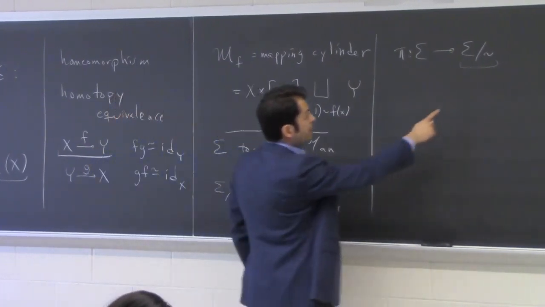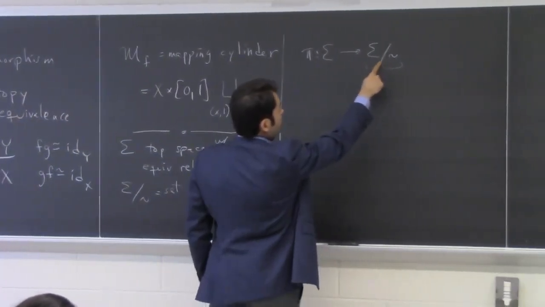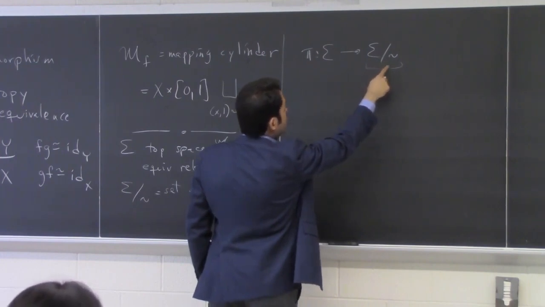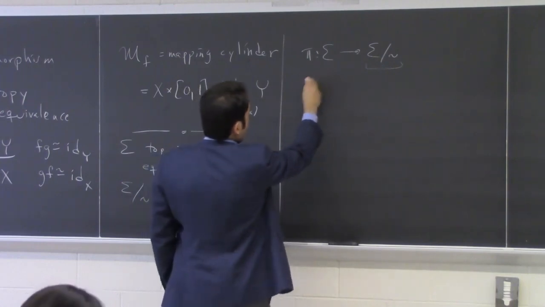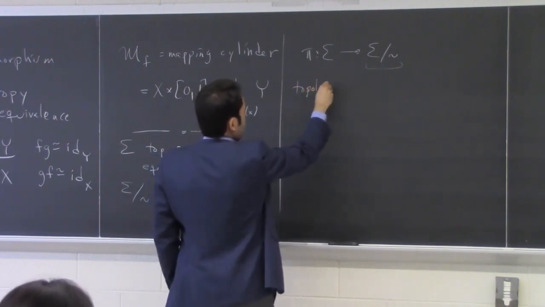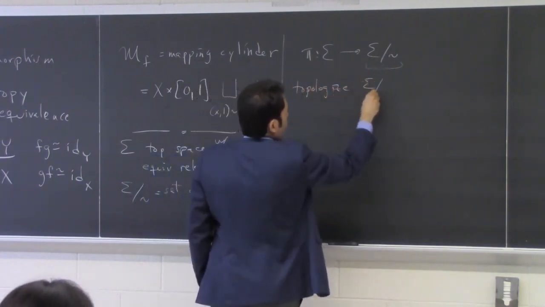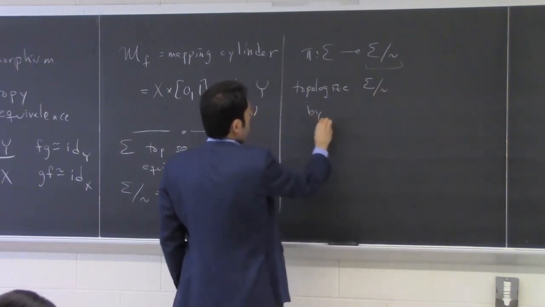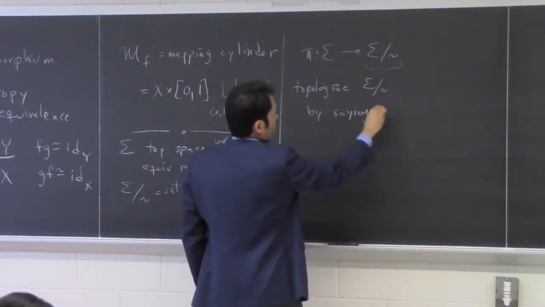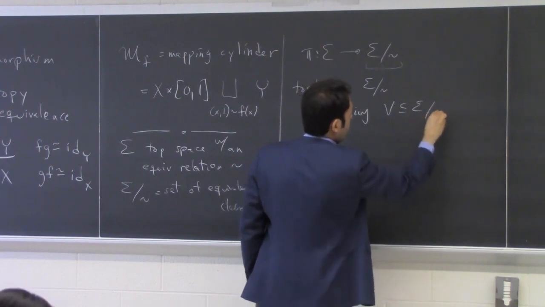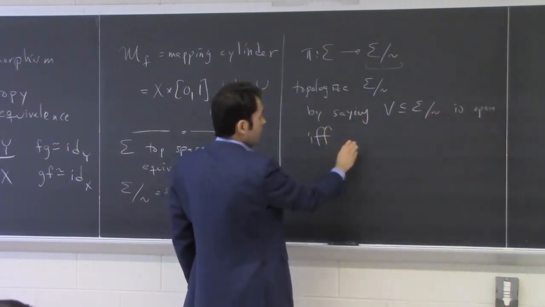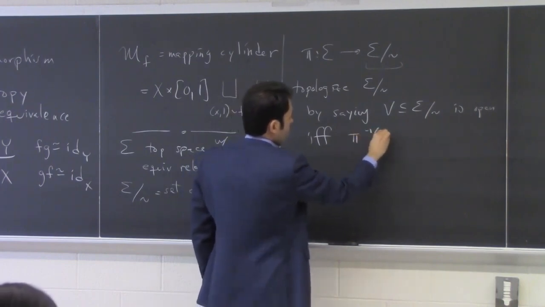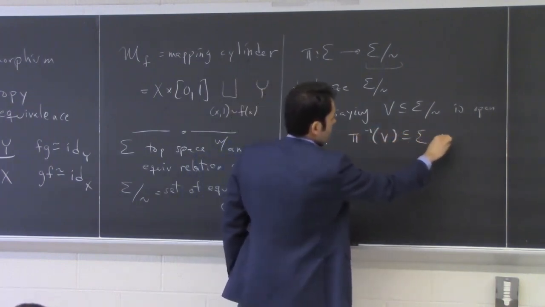Right? So we declare that a subset here is open if and only if its inverse image is an open set here. So we topologize by saying that a subset is open if and only if the inverse image is open.